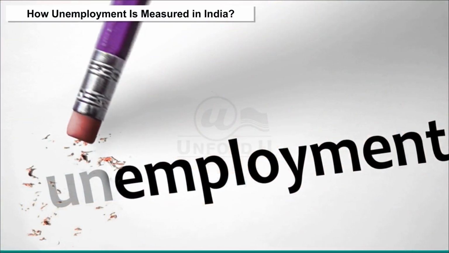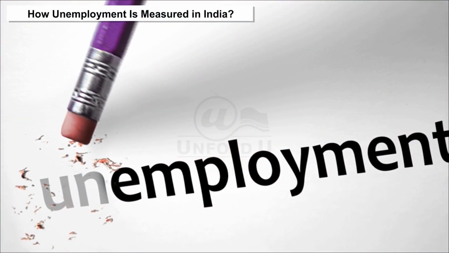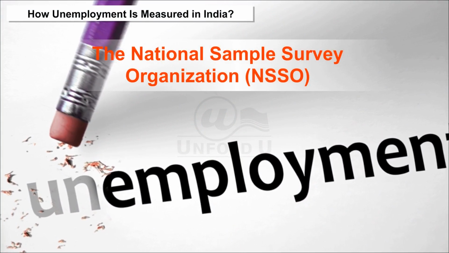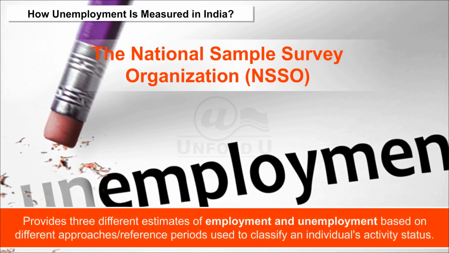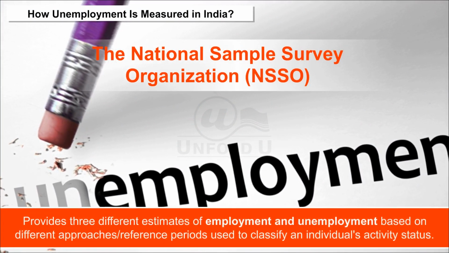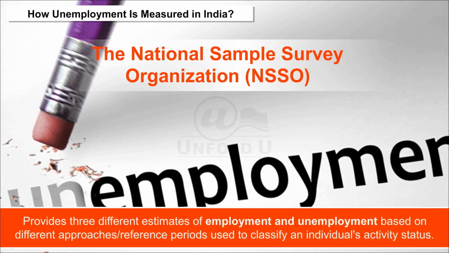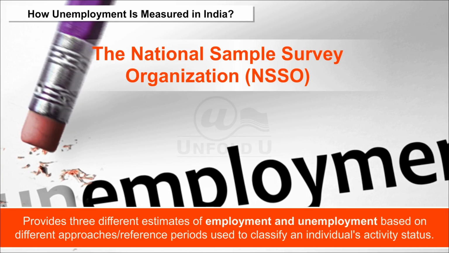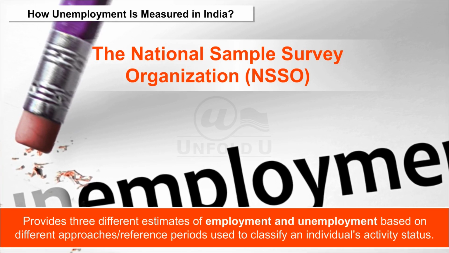How is unemployment measured in India? The National Sample Survey Organization, NSSO, provides three different estimates of employment and unemployment based on different approaches or reference periods used to classify an individual's activity status.